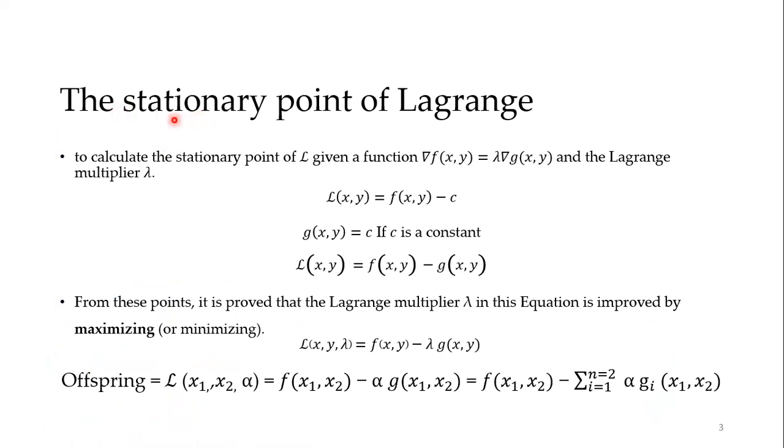So based on the stationary point of Lagrange, to calculate it, given a function, the gradient of f(x, y) with two parameters equals lambda times the gradient of g(x, y), and lambda is the Lagrangian multiplier.